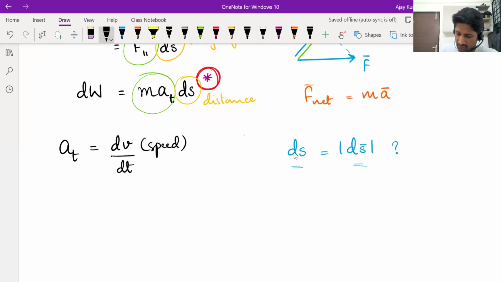We had discussed this when we discussed circular motion in laws of motion. We even wrote equations of kinematics with tangential acceleration, distance, and speed. So by definition, tangential acceleration is the rate of change of speed, and speed is the rate of change of distance covered with respect to time. These are just definitions.